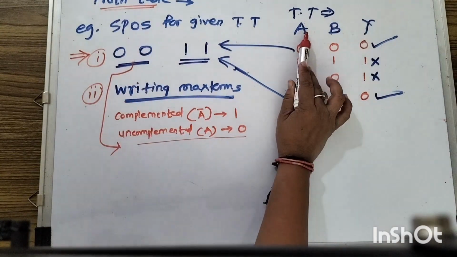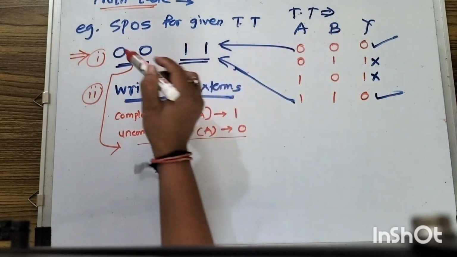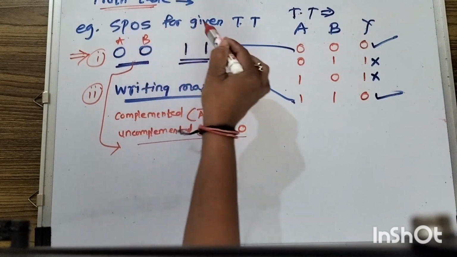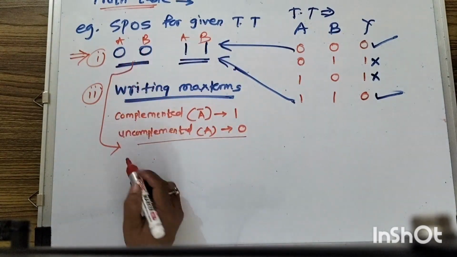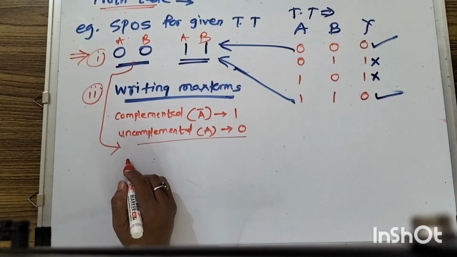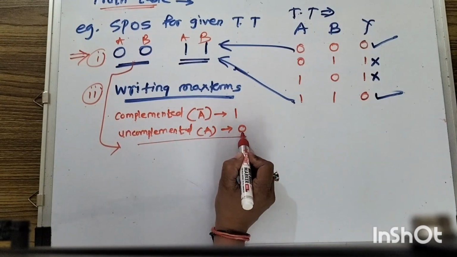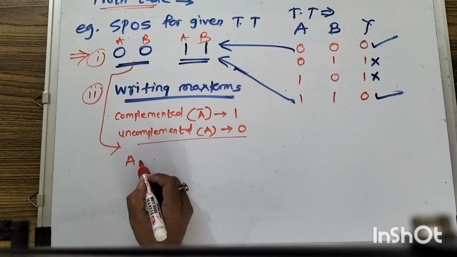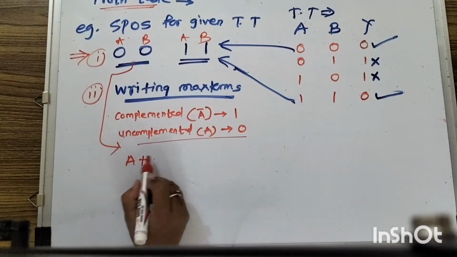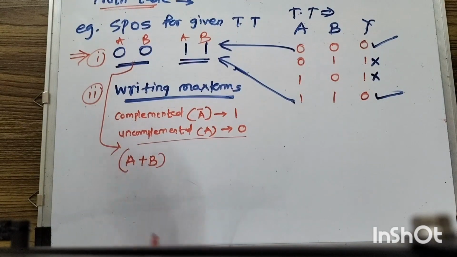We have already given the names A and B, so this is my A and this is my B. Because it's a 0, we take A in uncomplemented form. Max terms mean summation terms, so A plus B is my first term.